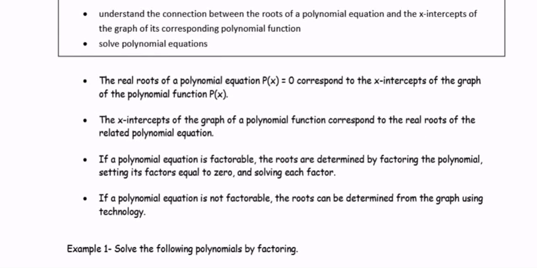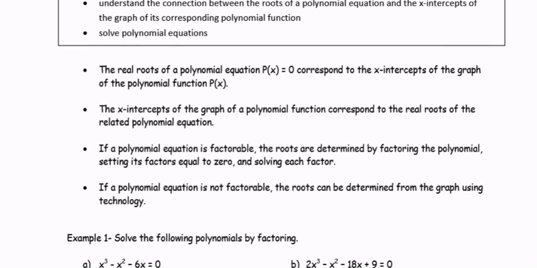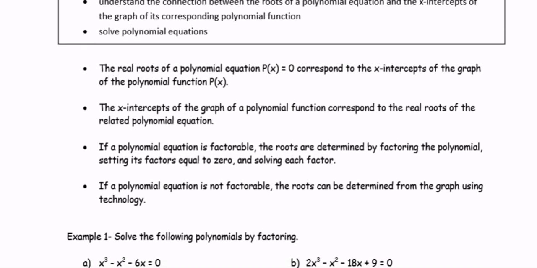And in grade 10 and grade 11, maybe we don't make the best connection between roots and x-intercepts. We kind of say that they're all synonymous, so the roots and the x-intercepts and the zeros are kind of all synonymous terms. But in grade 12, they kind of make you understand it a little more deeply.